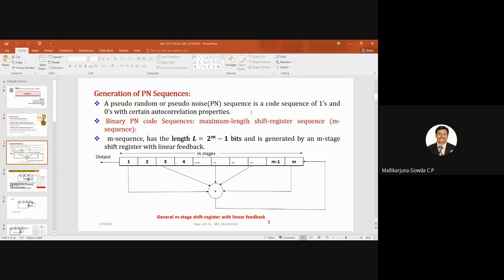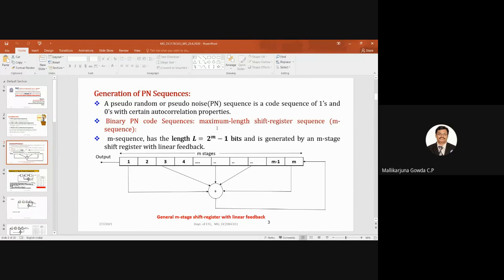This binary pseudo noise code sequence is a maximum length shift register sequence. That is why it is called M sequence. The length of the sequence is related by this relation: L is equal to 2 power M minus 1 bits, where M is the number of shift registers used in the circuit.